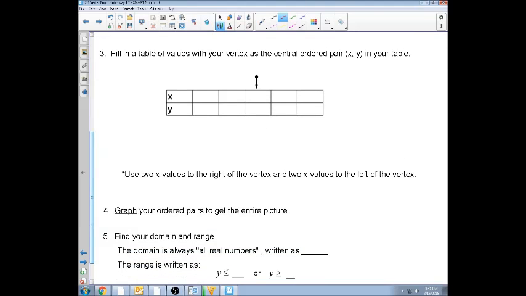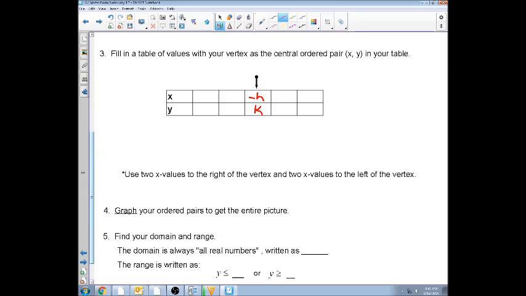What we want to do is fill in a table of values with your vertex as the central ordered pair, or xy, in our table. So the x value at this point where we have the arrow will be the opposite of h, and the y value will be our k.